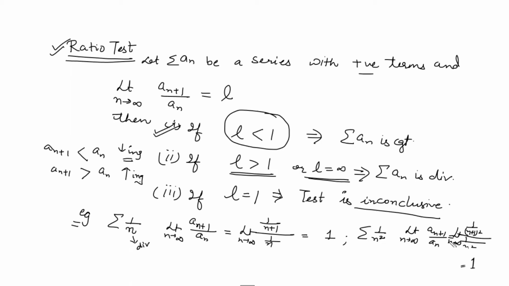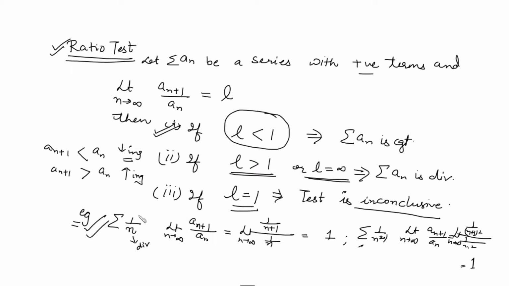But by the P series test, we know that the series 1 over n square is convergent, right? So whenever you have the limit exactly 1, in that case this test is not applicable. We cannot conclude whether the series is convergent or not. It may be or may not be. You can see with the help of these examples.